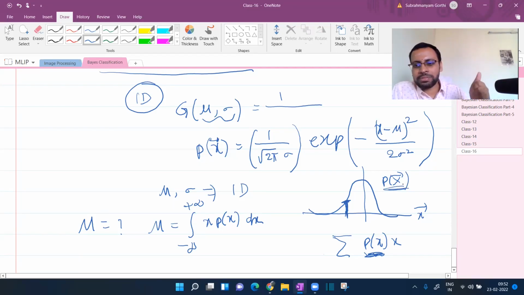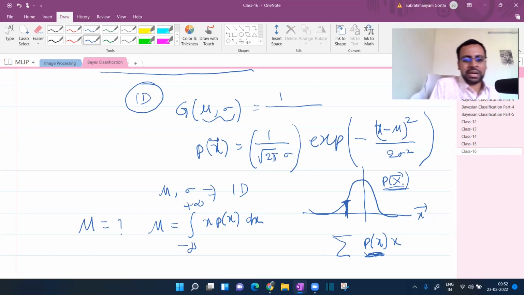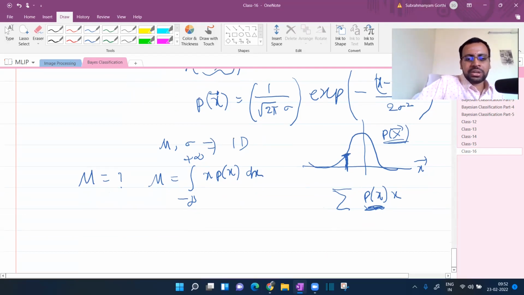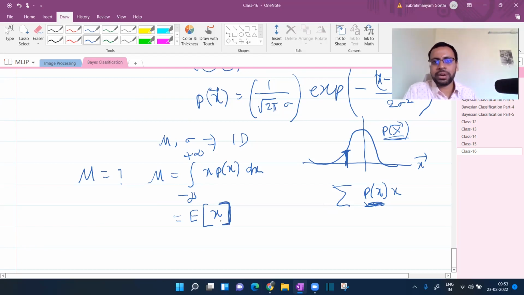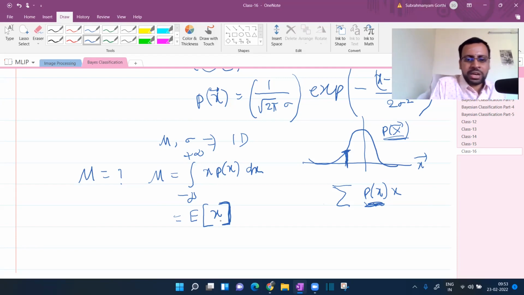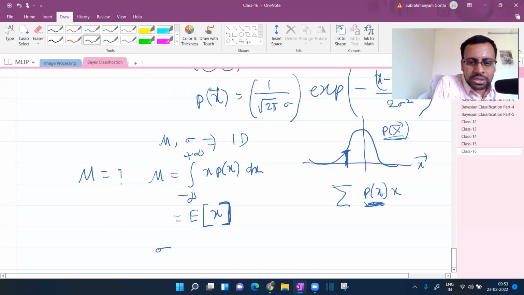This is the expectation value of x. I am sure you would have come across this in communication, statistics or probability courses, is it not?